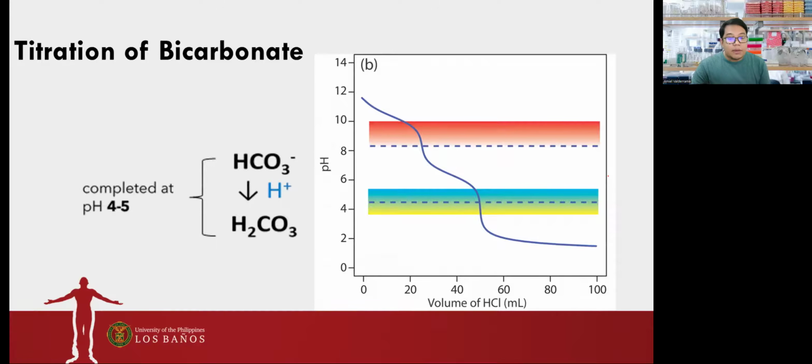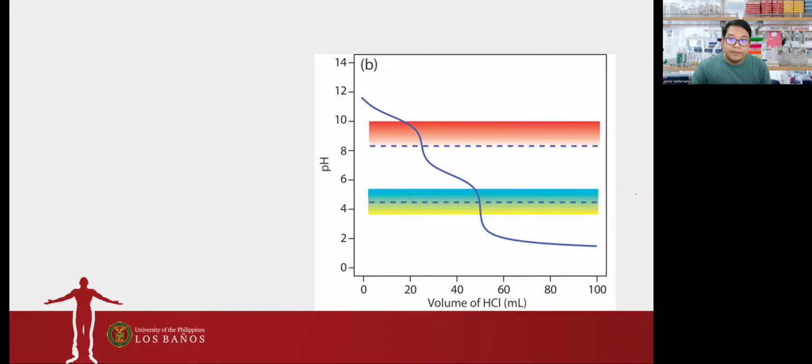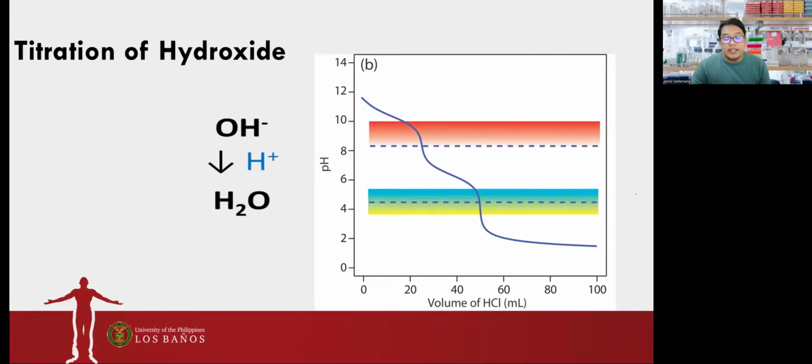Okay? Then kapag naman bicarb lang, syempre, hindi natin siya makikita kapag gumamit tayo ng phenolphthalein. Makikita lang natin siya if we make use of the BCG indicator. Okay? Kasi nasa medyo acidic region na tayo kapag bicarbonate to carbonic acid. Then kapag naman hydroxide, just as you can recall from your Extra 4A, your OH minus will be converted to water as you add your H plus in the form of a standard acid.